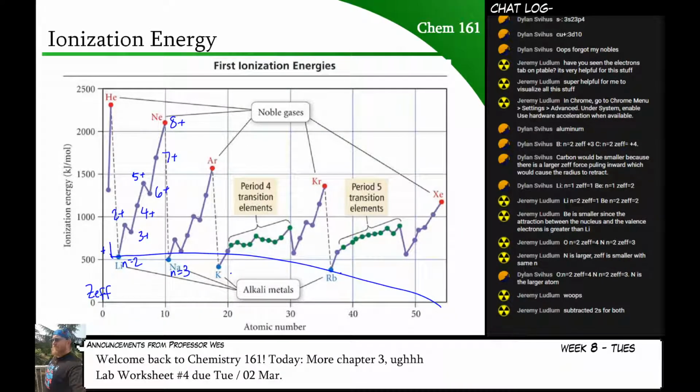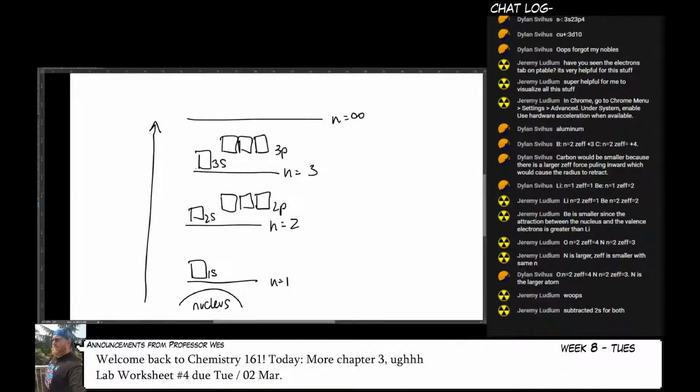Now, for ZEffective, it's more or less the same picture. Remember that as I remove electrons from things, I'm fighting against ZEffective. So if I'm fighting against a charge of 2+, that's harder to do than if I'm fighting against a charge of 1+. So we'll show that here on our diagram.